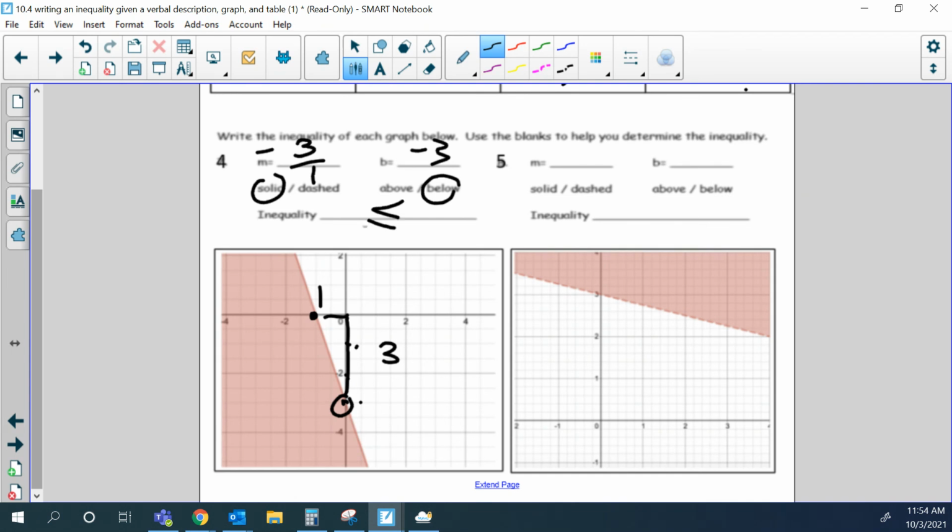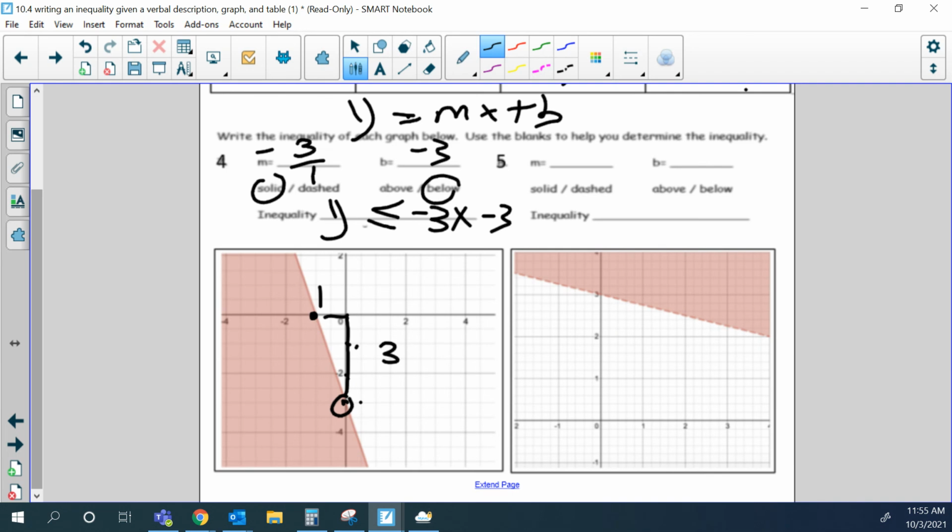And so my equation now is going to be y, let's fill in the blanks now, and then my slope is -3 times x, and then my y-intercept is -3. Okay, see how we did that, right? Remember, this is a straight line, and so we're using slope intercept form to write the equation. The only difference now is for the equal sign, we're using an inequality.